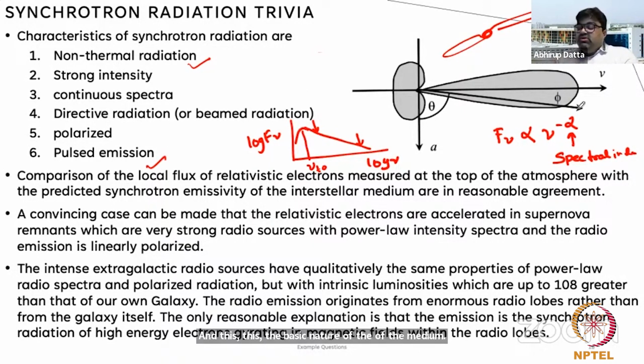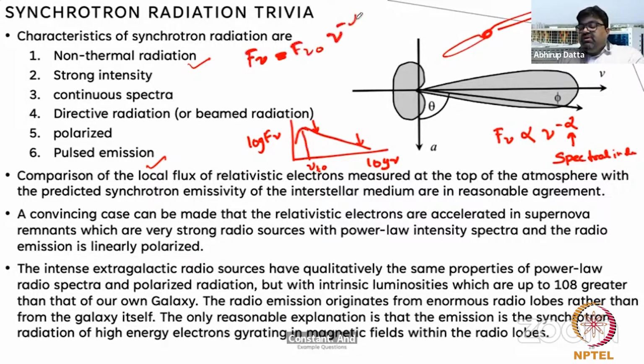Because you can write F_nu as some constant times nu to the power minus alpha, with just one equation you have 2 unknowns, F_nu0 and alpha.